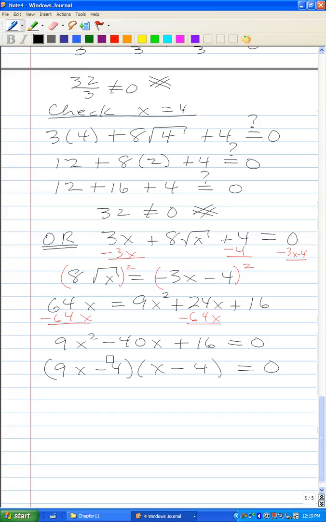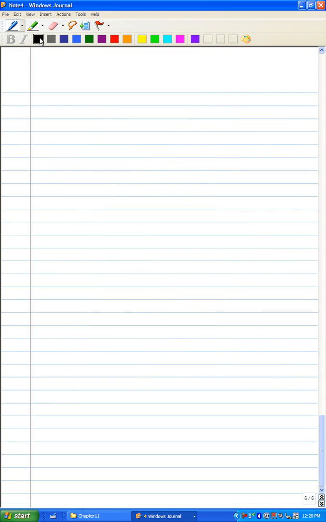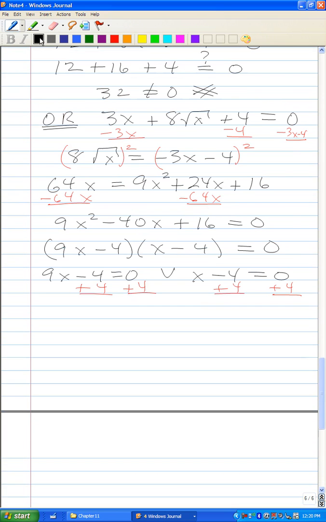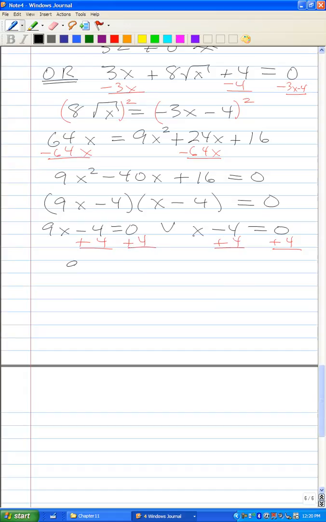Set each factor to 0. Solve for x. Add 4 to both sides of my equation. So I get 9x equals 4. X equals 4. Divide by 9. So I get x equals 4 over 9.